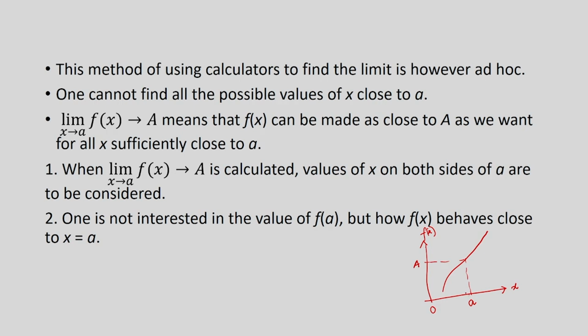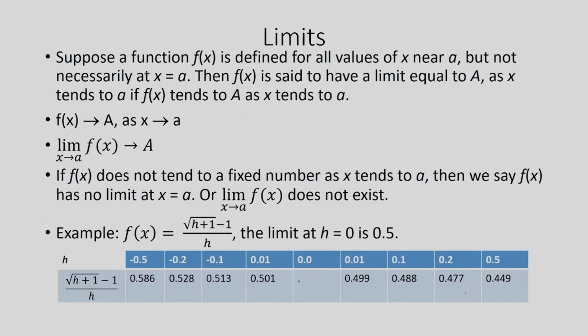And we have examined one particular example which is like this. Suppose small f(x) has this form, root over of h plus 1 minus 1 divided by h, and we have taken values of h which are close to 0.